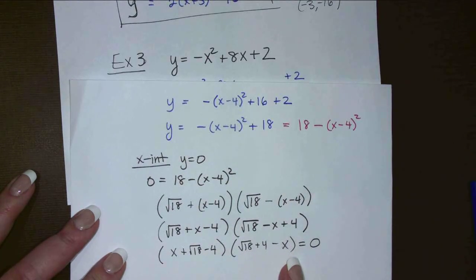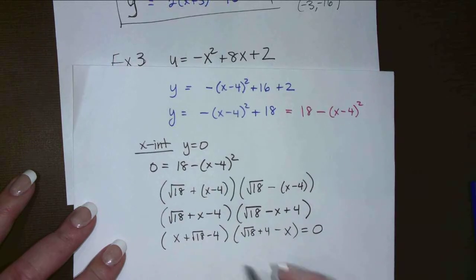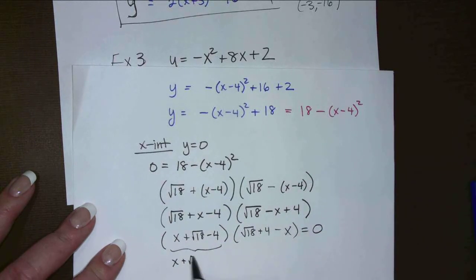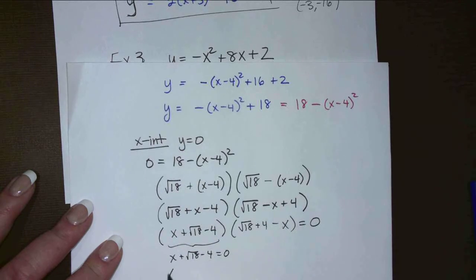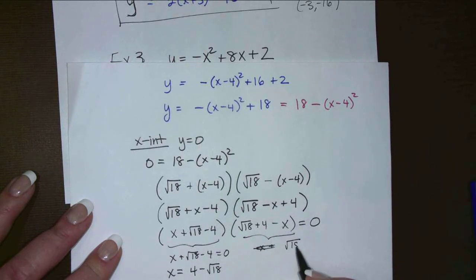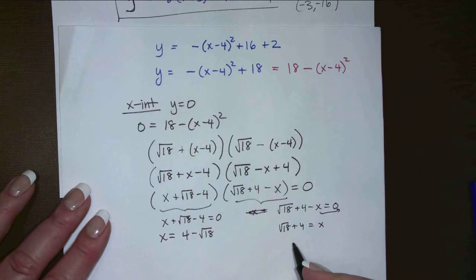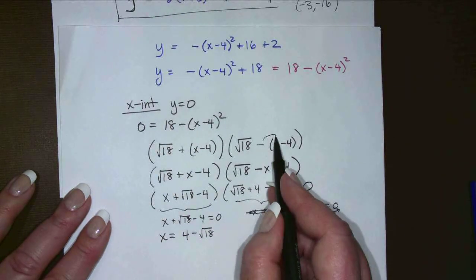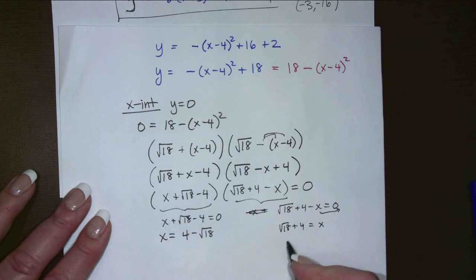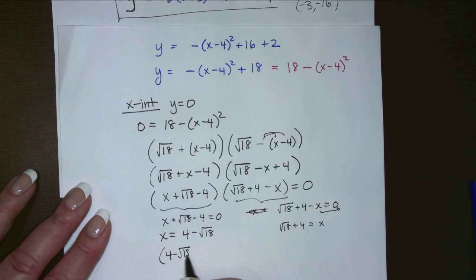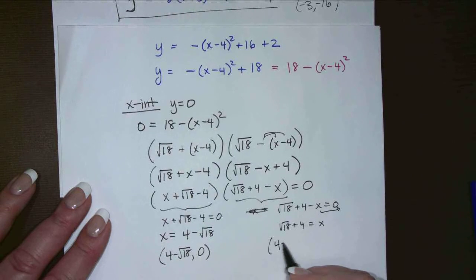What's the x values here? If we set this equal to 0, we get x is equal to, move the 4 over, minus root 18. And here, move the x over. Why is it plus 4? Right. So now we have 4 minus root 18, comma 0, and 4 plus root 18, comma 0.